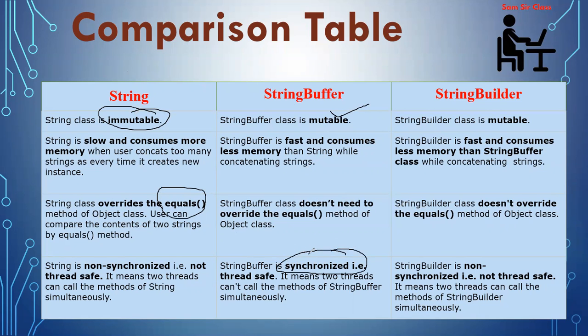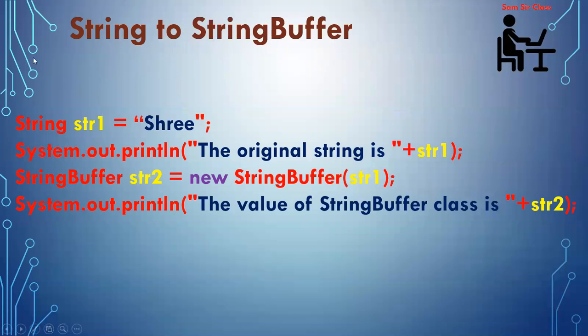In my last StringBuilder video, I told you the synchronization concept will come in the multi-threading chapter in a future video, but I gave a simple example of what synchronization is about. So StringBuffer supports synchronization, whereas the String and StringBuilder classes don't support synchronization.